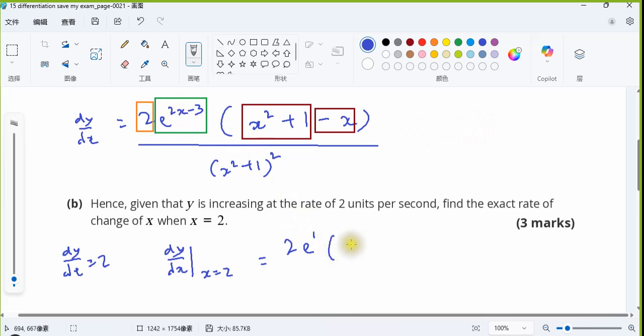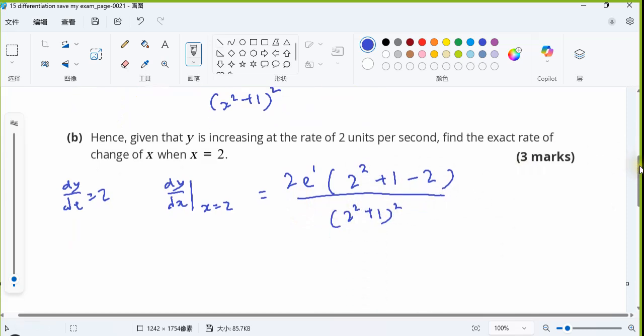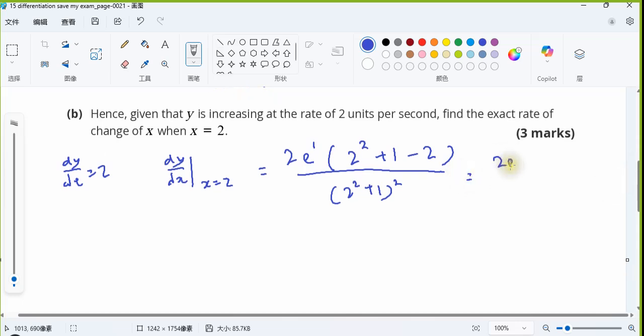And then we have the 2 square plus 1 minus 2 over the 2 square plus 1 square. Then this will be the 2e times 4 plus 1, 5, then 3. Then this is 4 plus 1, 5, 5 square is 25. Now we have the 5 square here. So this will be 6e over 25. Okay.